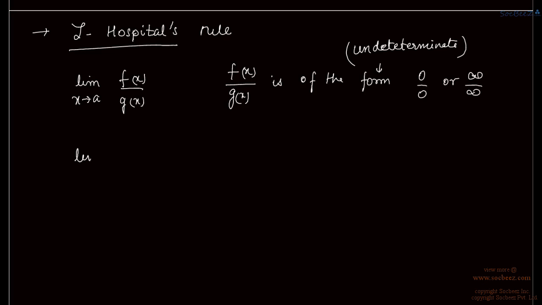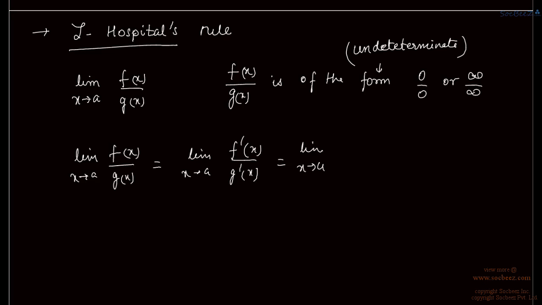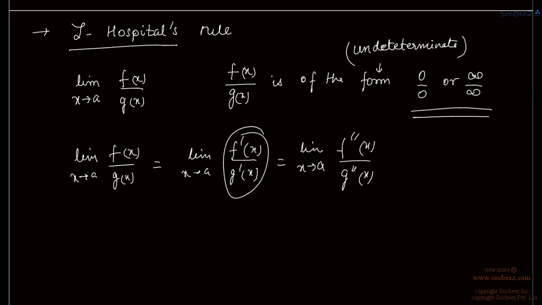Then we can write limit x tends to a f(x) upon g(x) equal to limit x tends to a f dash x upon g dash x, and if this is also of the form 0 by 0 or infinity by infinity, then further we can differentiate it, that is f double dash x upon g double dash x, until we no longer get this form, right?